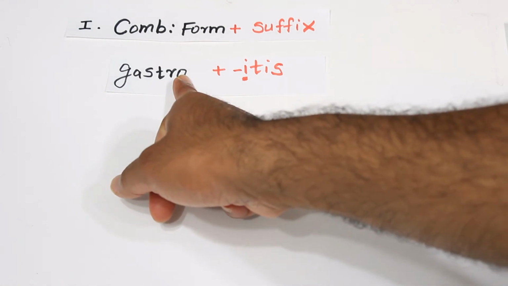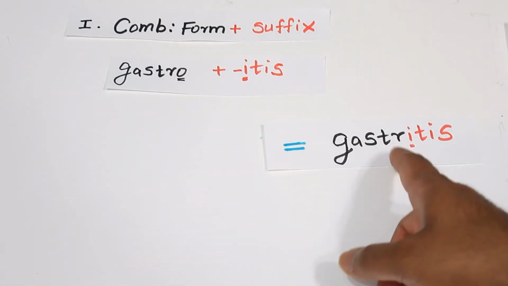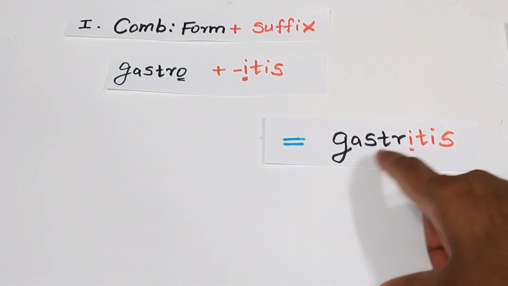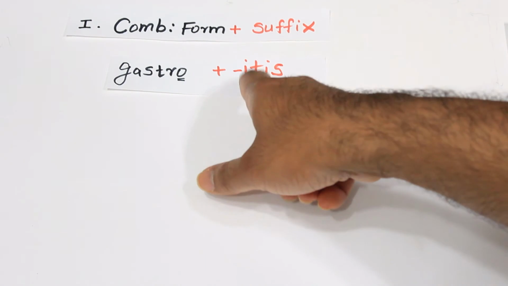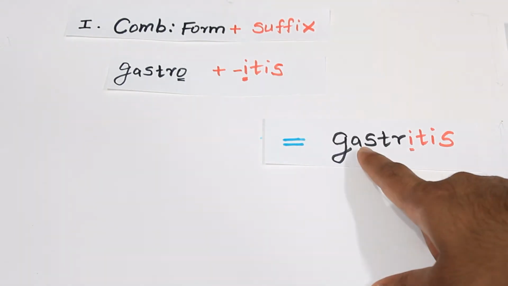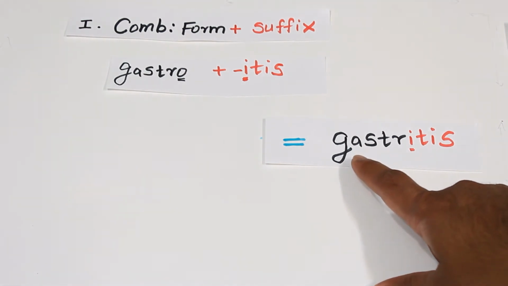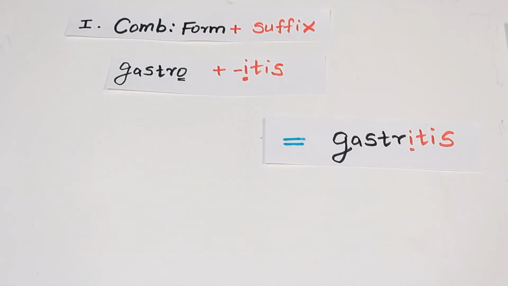This vowel is going to be kicked out. So same as here, this O is going to be out. This I, this vowel, is going to be retained. So in that case, this will end up like gastritis.